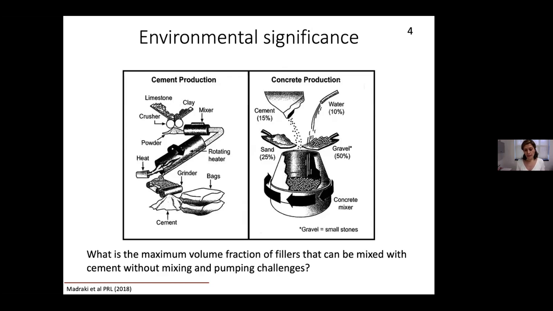But the problem is the slurry of cement plus additives is more viscous than the cement slurry itself, and that brings challenges for industry when they want to mix and pump concrete in large amounts. And I'm going to come back to this slide and provide some resolution after we show the scaling arguments and the fluid mechanics of such problems.